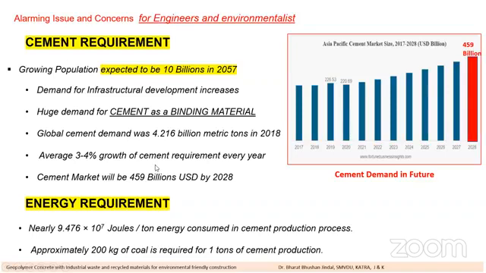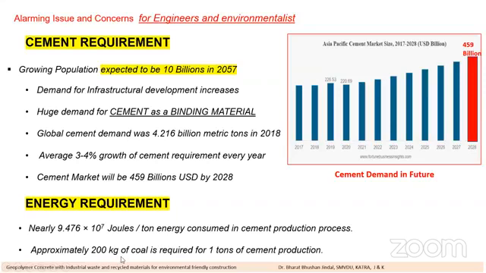So from these points it is very clear that the cement requirement is increasing with the growth of infrastructure. And during cement manufacturing, energy requirement is a very important factor, which is a major alarming issue. Nearly 9.4 into 10 raised to the power joule per ton of energy is consumed in the cement production process alone.